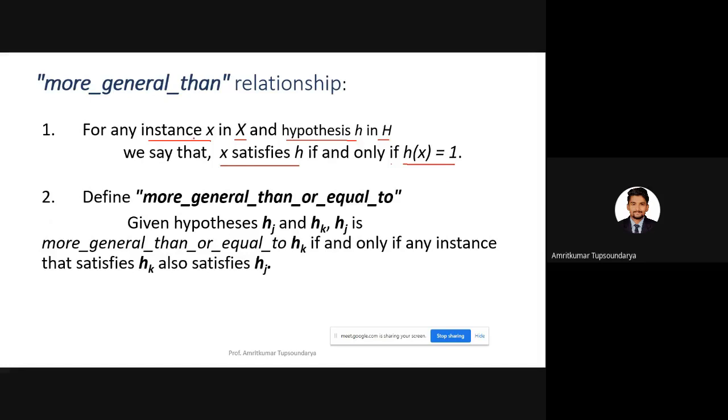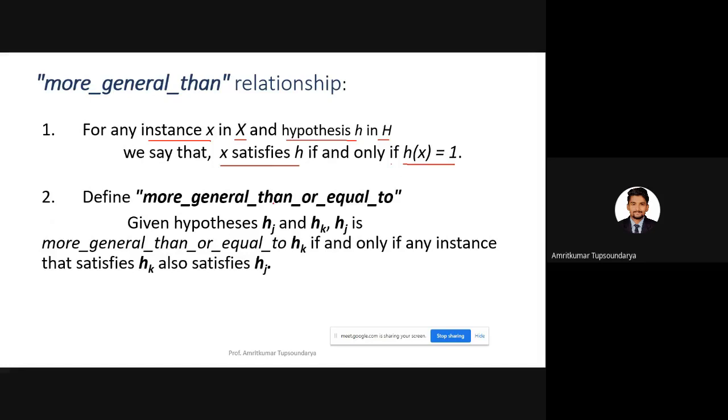So it is quite evident that for any instance x in capital X and any hypothesis H in capital H, x will satisfy H if and only if H(x) will be 1 or positive. 1 denotes positive here. Right?